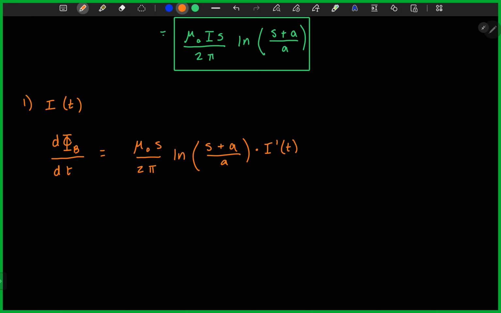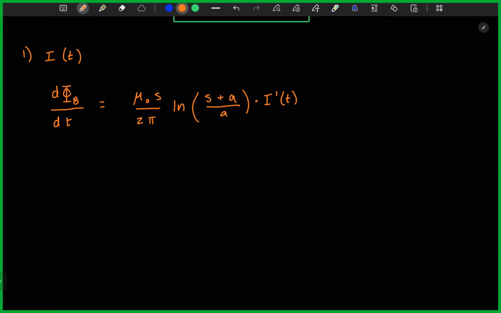And at this point, depending on what the exact value of I of t is, we can just compute its derivative. So for example, if I of t were equal to some constant times time, we would replace I prime of t with just c. So that is going to then be the magnitude of our EMF.